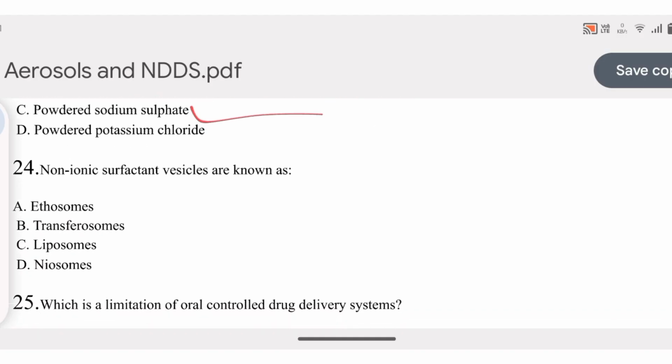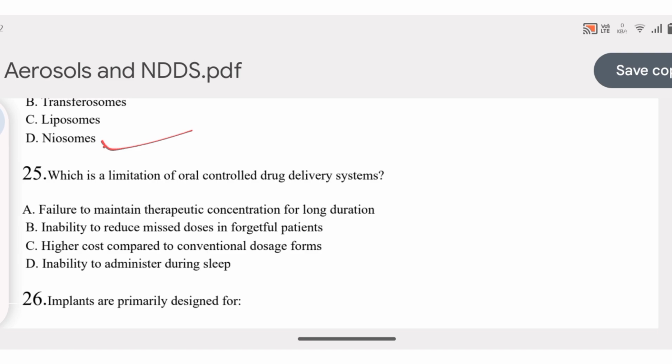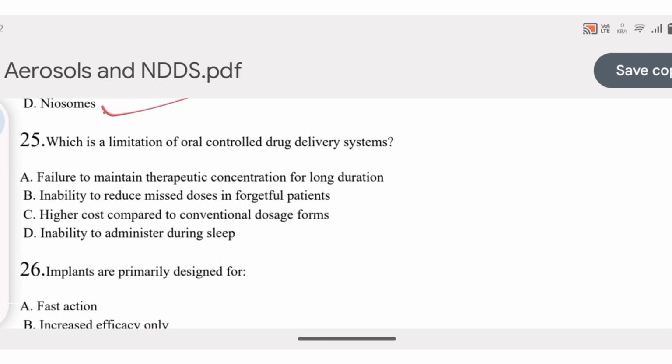Non-ionic surfactant vesicles are also known as. It says non-ionic surfactants. The right answer will be niosomes. It's a general basic question.